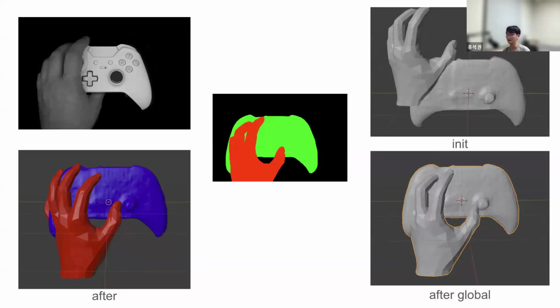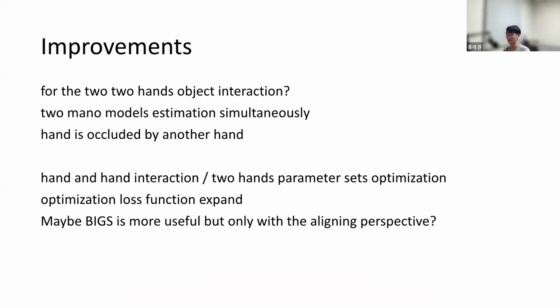And you can see the object is penetrating through the hand, so it is not a very good result, but the paper did well, so maybe I think it needs improvements.